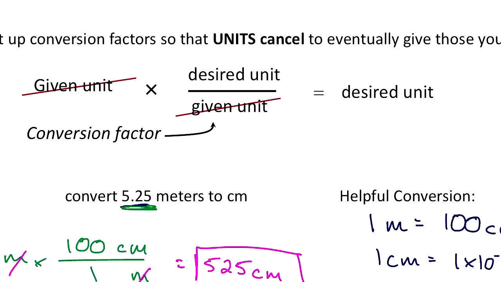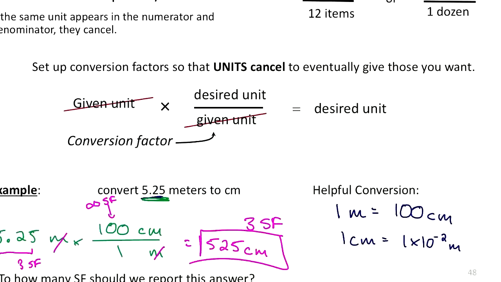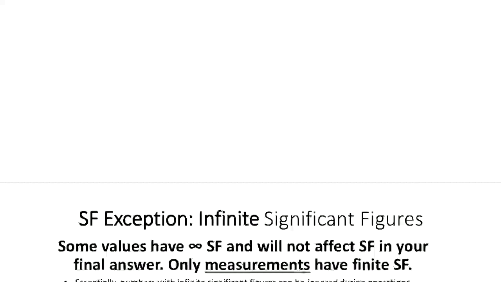Looks like there's one, okay, but there's not, all right? There's a special case here that comes. So this answer actually does have 3 sig figs. This equality, 1 meter equals 100 centimeters, actually has infinite sig figs. So what's actually limiting us is the number we started with has 3 sig figs. And this was a question from the recitation packet that I'm going to clarify right now. And that's on the next slide, all right?